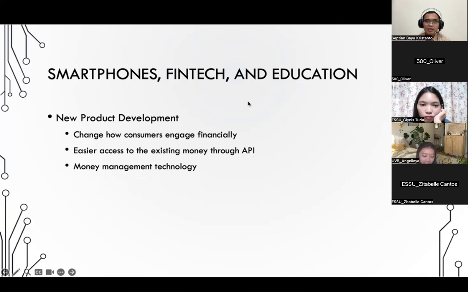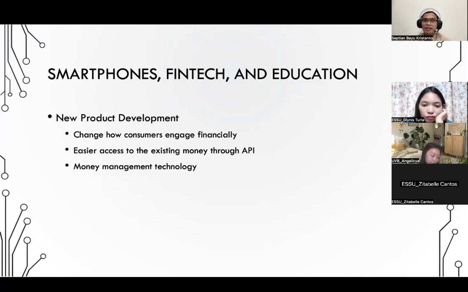Next to the upgraded information about smartphones, fintech, and education, it's creating new product development. They create new customer focus, customers that only engage financially using the digital area. So it will be easier to access your digital money using application programs. And you also have your authority with money management technology. It's like the single supervisory mechanism in Europe.